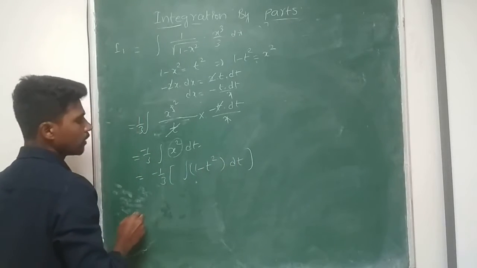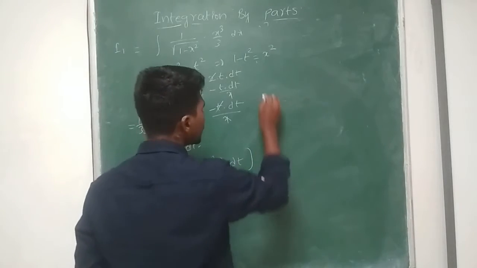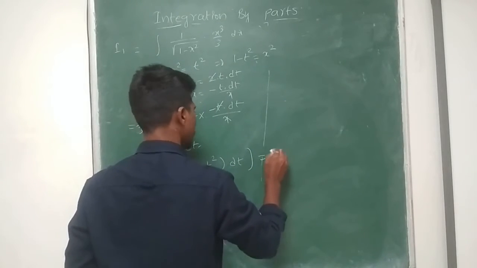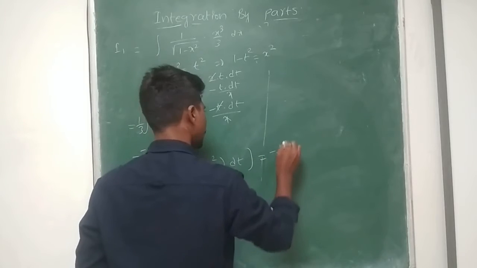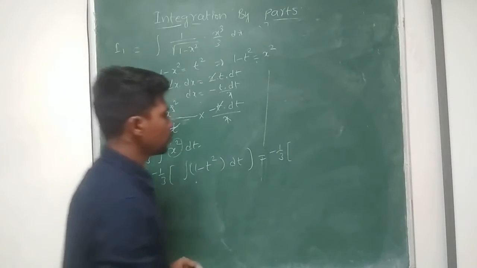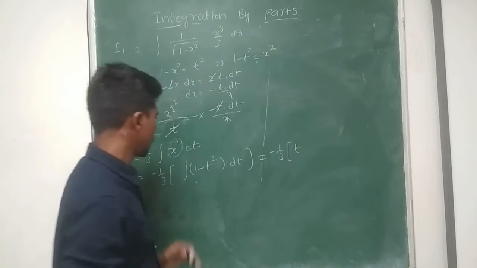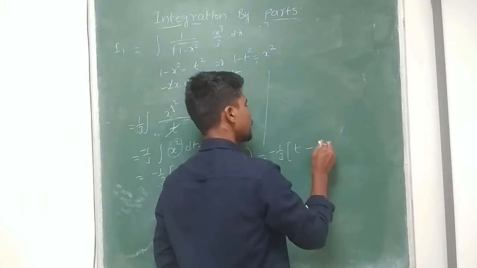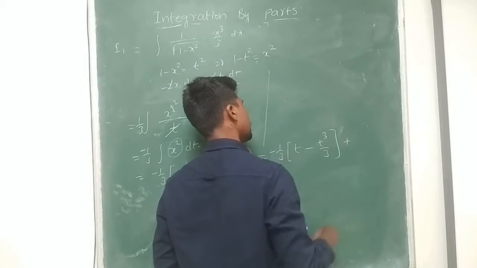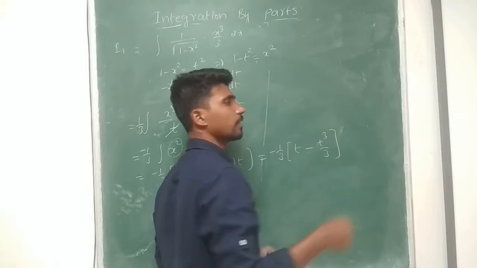So integrate it, so we get the answer as minus 1 by 3 into integral 1, which is nothing but t, minus integral t square, which is nothing but t cube by 3, plus a constant c, the constant we add at last.